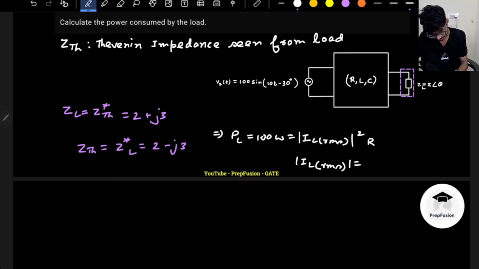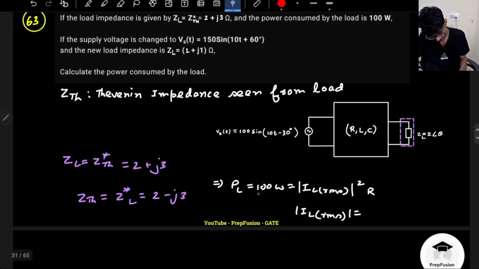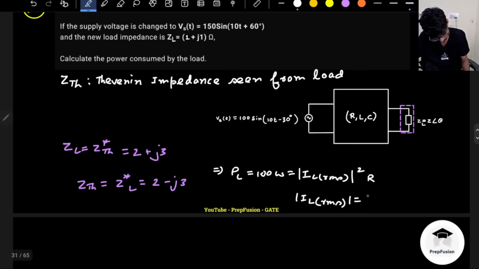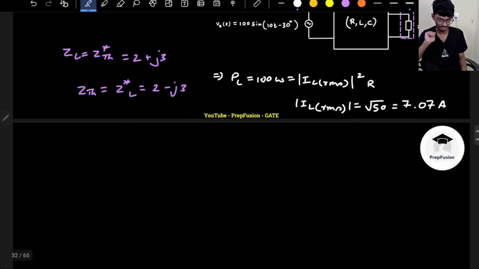R, the load, is 2 ohms, right? Resistance is 2 ohms and power is 100, so it is 50 under root. If I take the 50 under root, this will be 7.07 amperes.